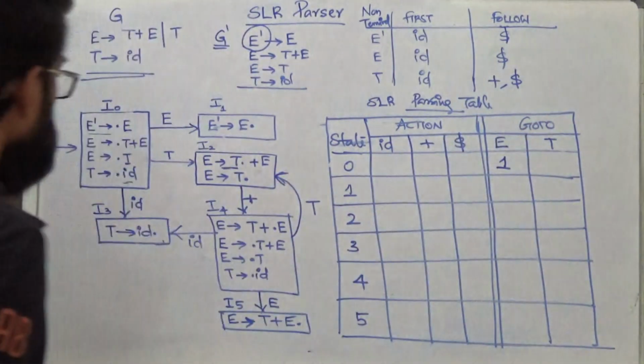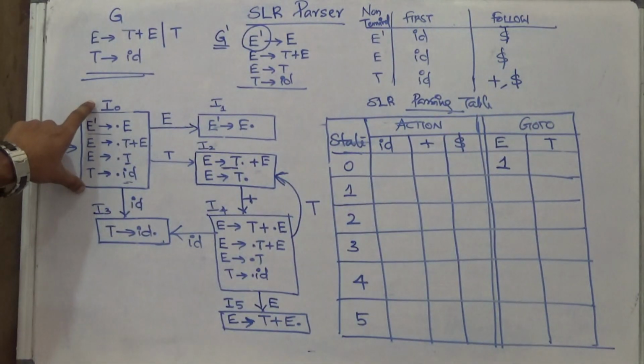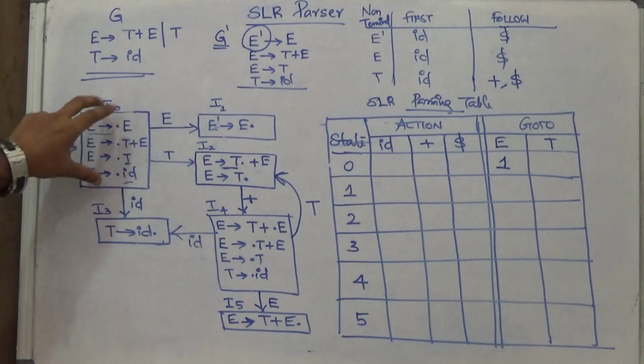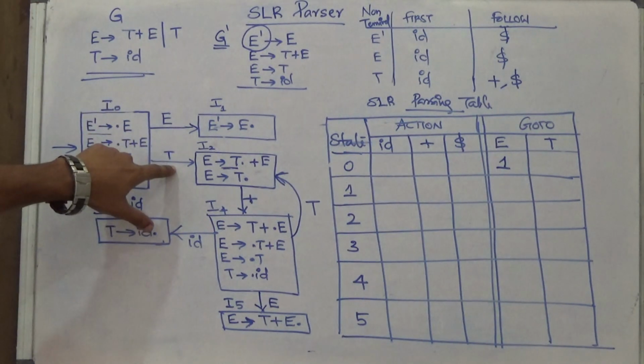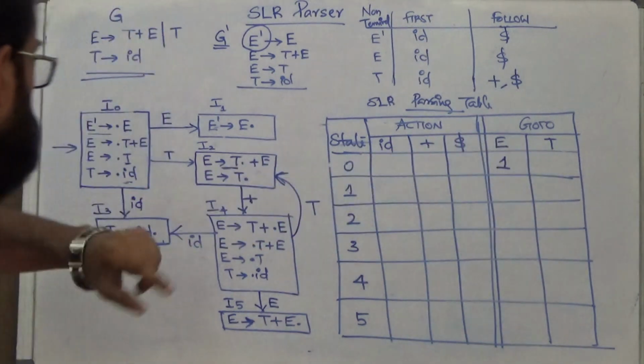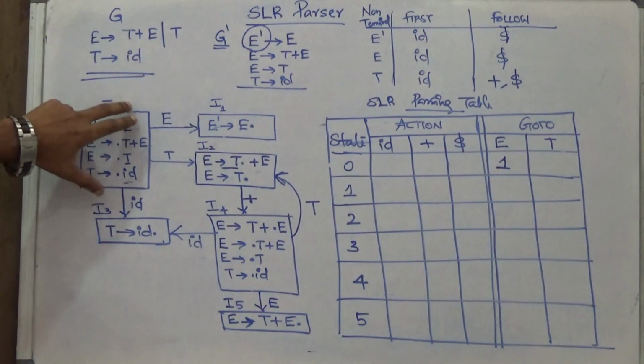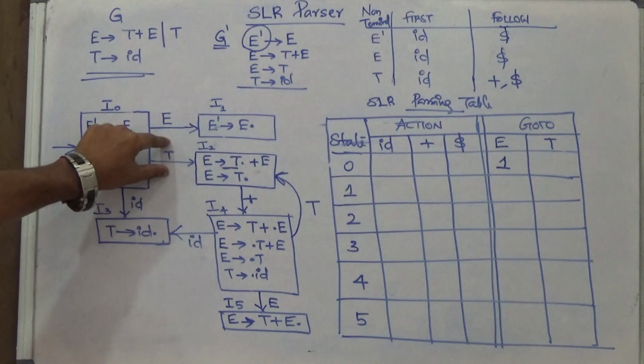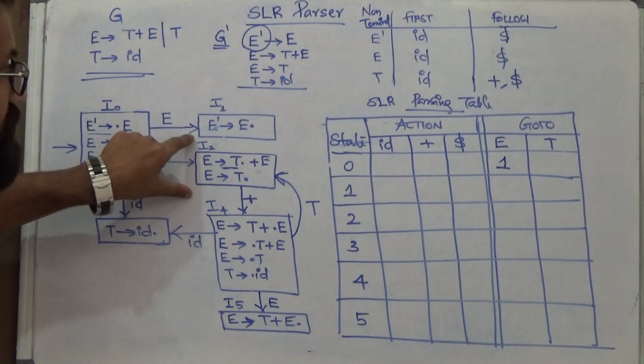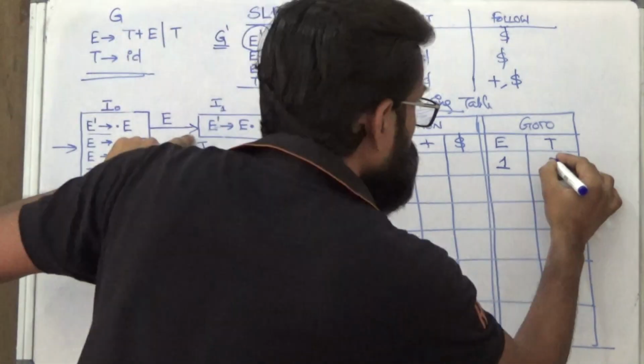Now if I consider state 0, the next transition is T. Since T is a variable, you have to add entry in the goto part. So from state 0, for grammar symbol T, since it is a variable, go to state 2.